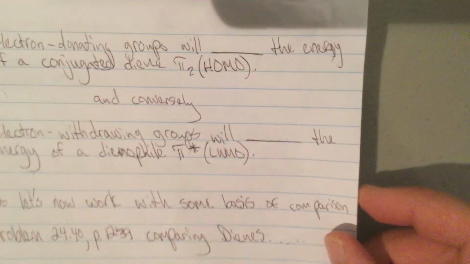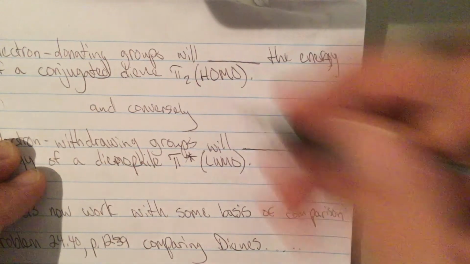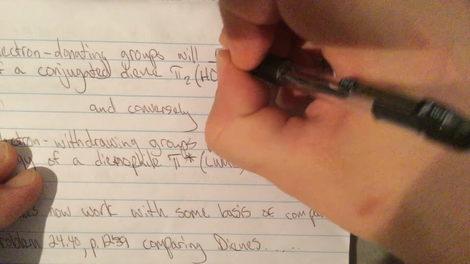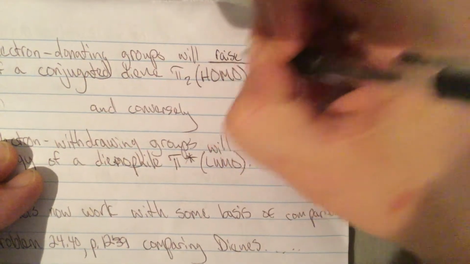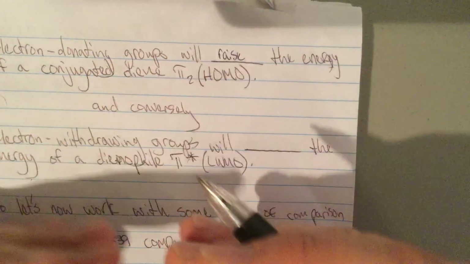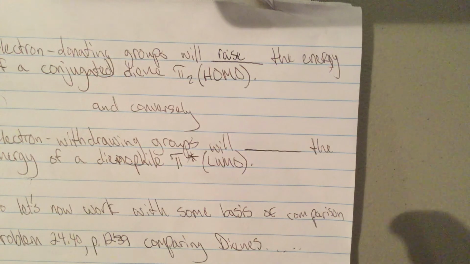All right. Electron donating groups will raise the energy of a conjugated diene. So remember that if something is conjugated, that's going to overall lower the particular energy of those pi electrons.